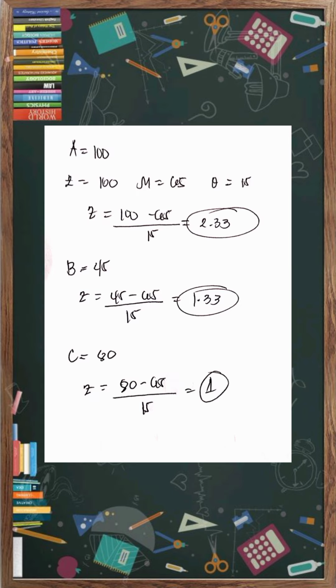Then, letter C, X equals 80. Z equals 80 minus 65 over 15. So, ang magiging sagot niya po sa number 3 ay 1. Gaya ng nauna, 80 minus 65, ang magiging sagot niya, i-divide natin sa 15, then ang sagot niya ay 1.